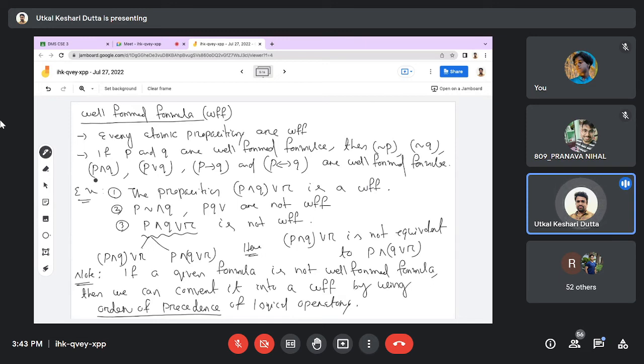But after that it depends upon the other. If more logical expressions are there after that, you have to take the bracket. If only negation P is there, that is well formed, no problem. Only P conditional Q, that is the proposition, you can write only P conditional Q, no bracket there. Okay. Yes, sir.